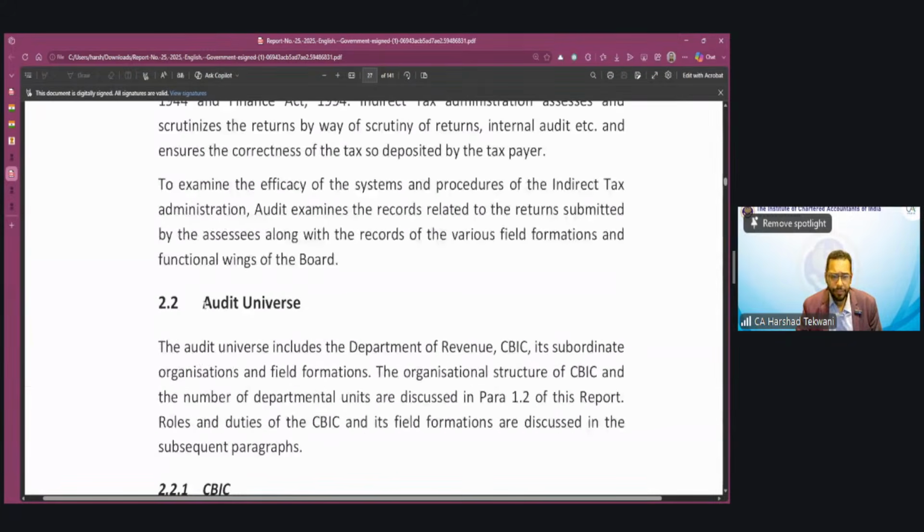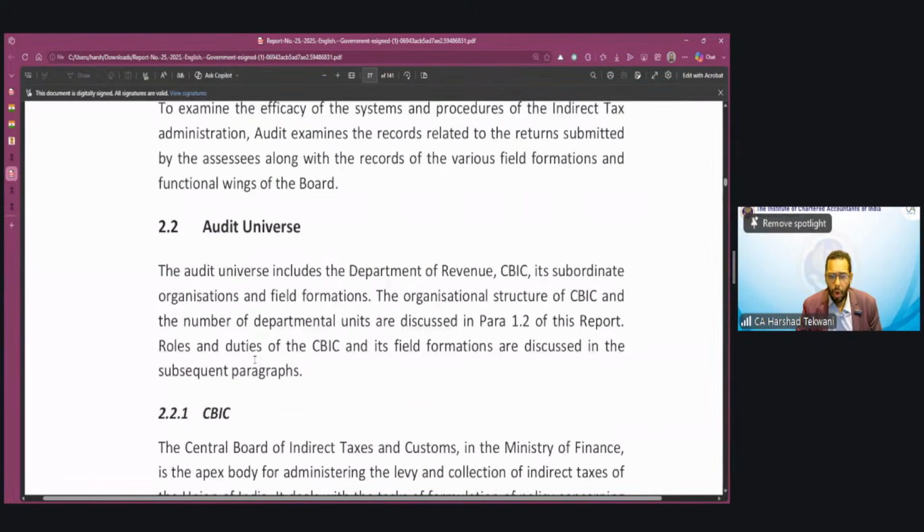Audit universe means the entity they are talking about: Department of Revenue, CBIC, and their subordinate organizations. So what is the subject matter, or who is the responsible person, or what is being audited over here?